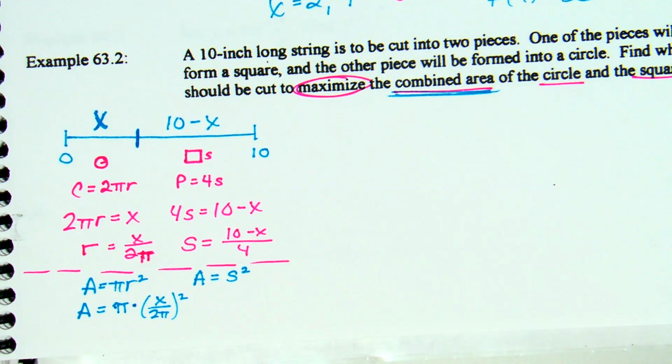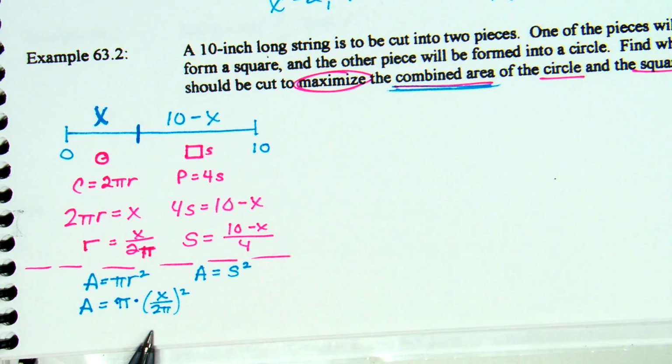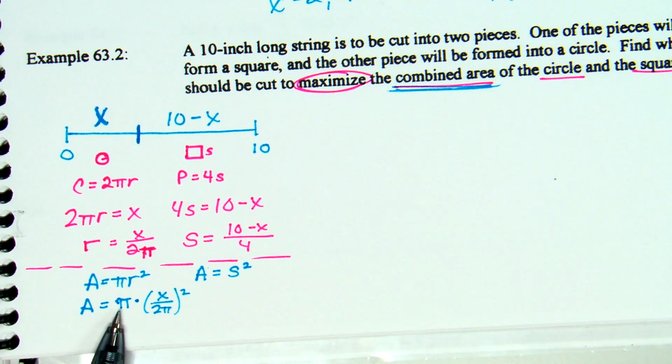If we clean that up a little bit, what happens here? x has to become x squared, right? If you square the denominator, 2 pi squared, well, 2 squared is 4. Pi times pi is just pi squared. But what do you also have out here? A pi on top. A pi on top can cancel with 1 pi on bottom.